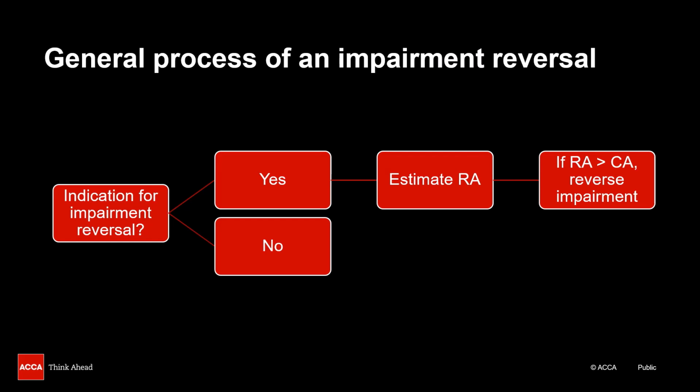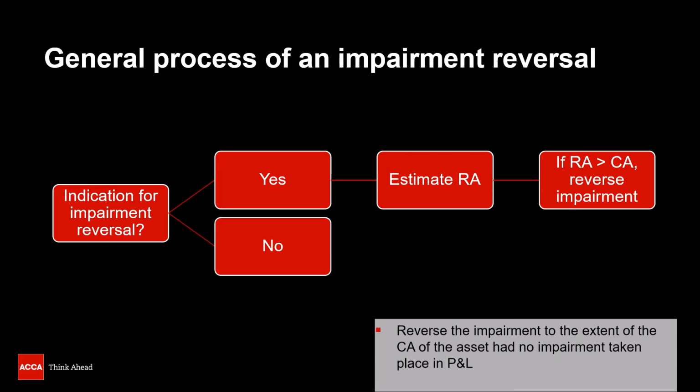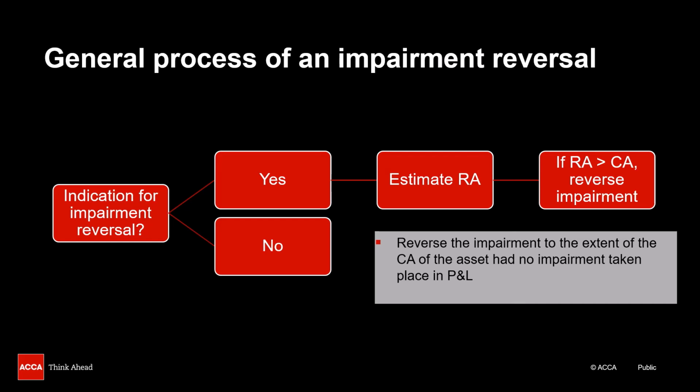Should an indicator exist, the recoverable amount of that asset must be calculated, and should that recoverable amount be greater than the carrying amount of the asset, an impairment must be reversed. However, the effect of this reversal should not increase the carrying amount of the asset to a value higher than the carrying amount had no impairment taken place, as essentially that would be a revaluation to the asset.